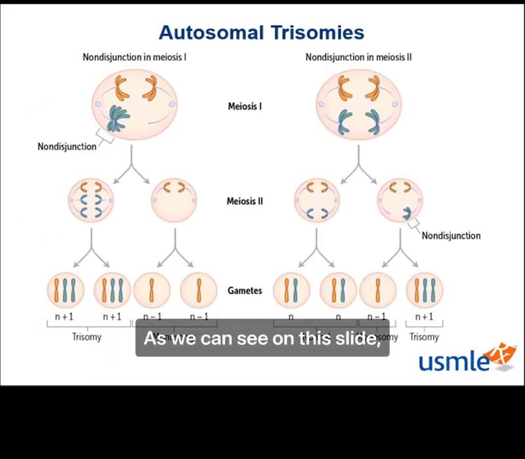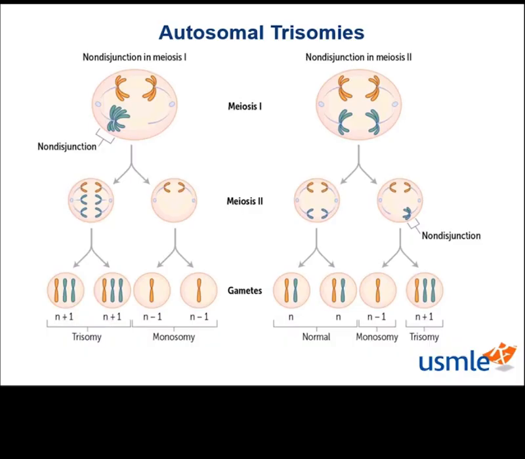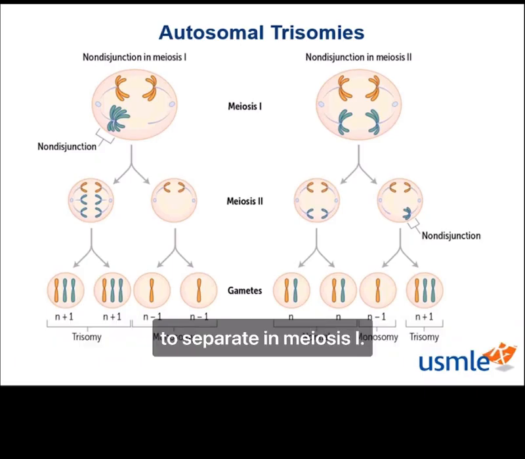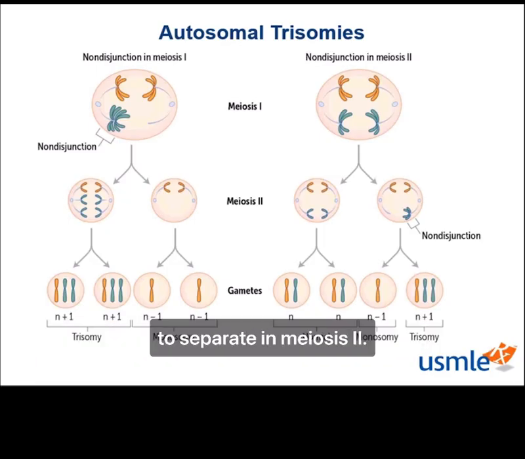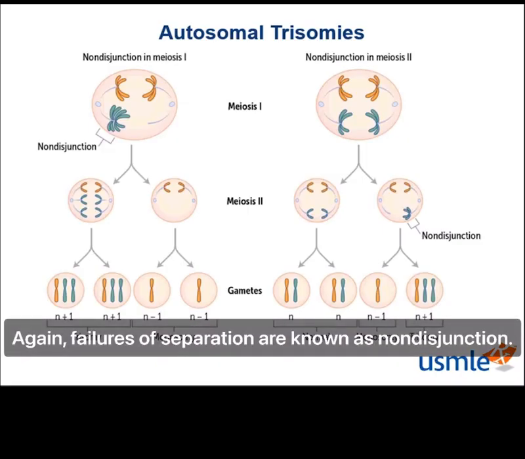As we can see on this slide, things aren't separating the way they should. On the left, we see failure of homologous chromosomes to separate in meiosis 1. And on the right, we see failure of sister chromatids to separate in meiosis 2. Both of these failures of separation are known as non-disjunction.